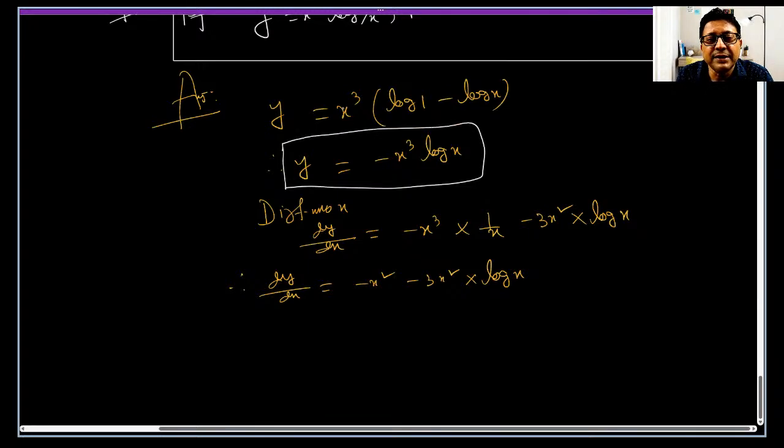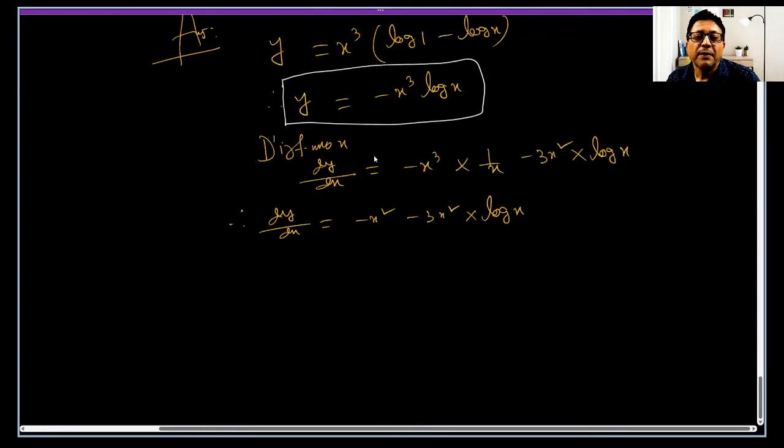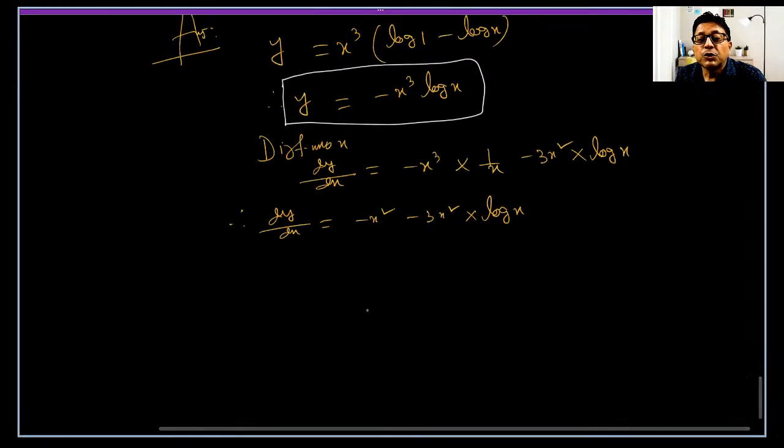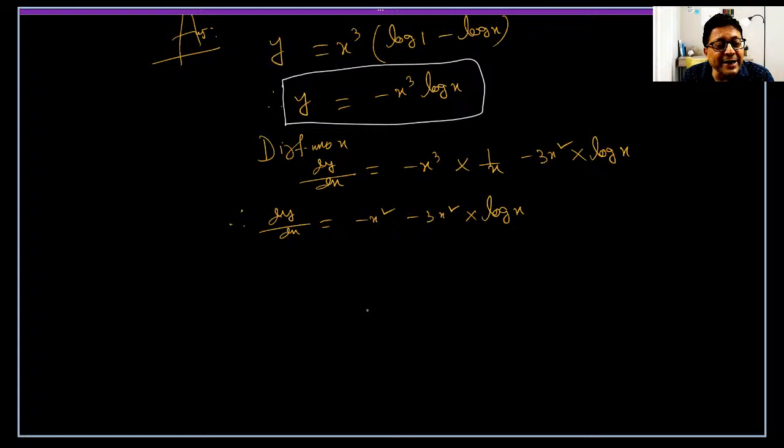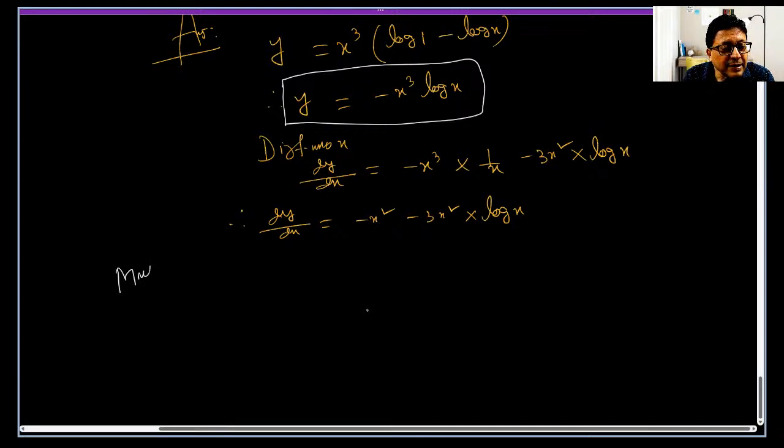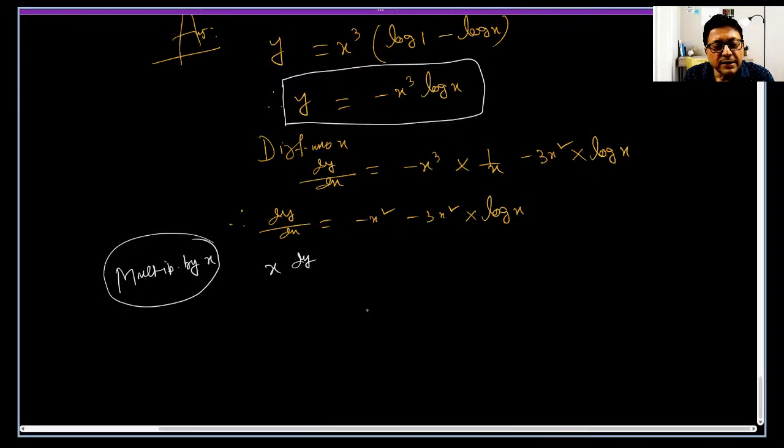What is y? Minus x cube log x. So if you multiply both sides by x, x into dy by dx will be minus x cube, minus 3x cube log x.